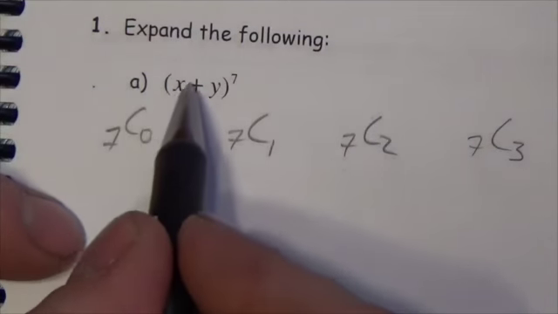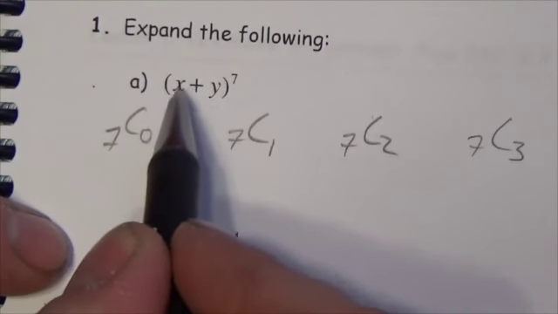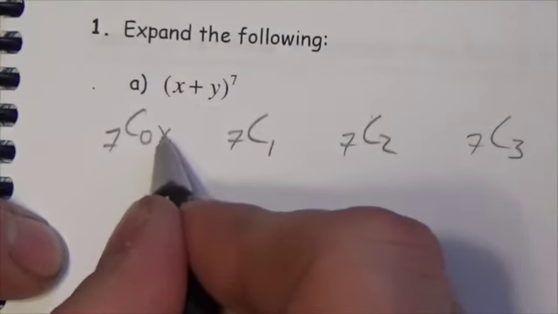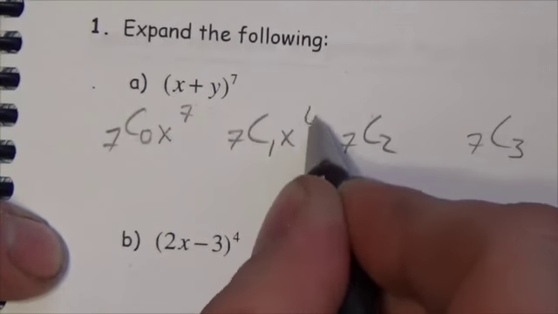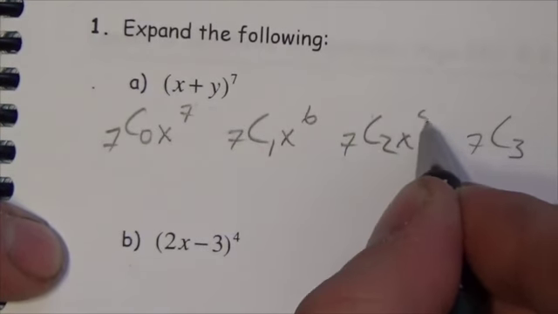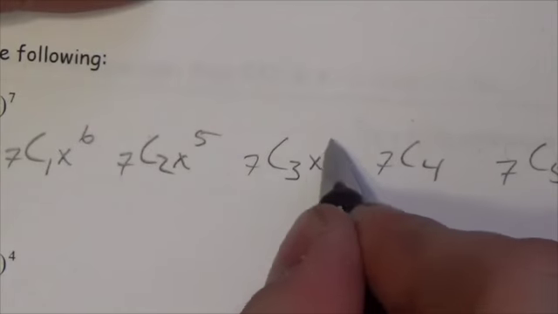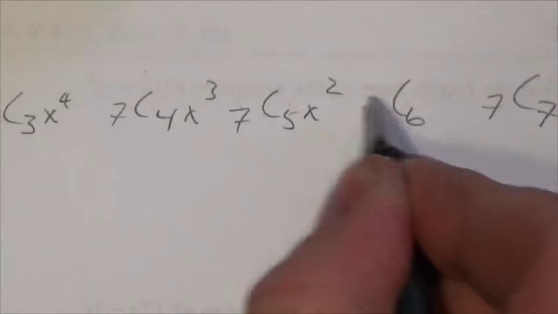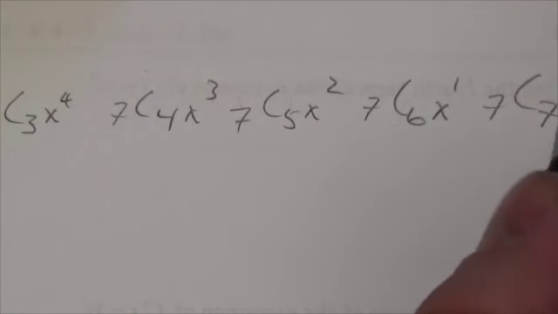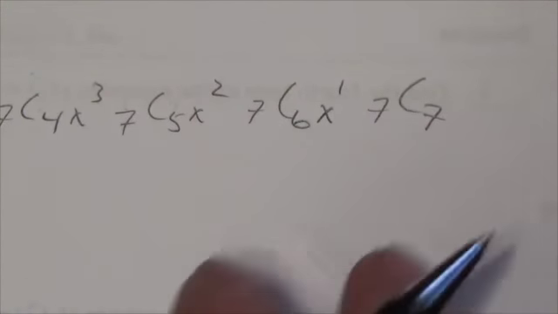Then I know that the x, the first term in this binomial expansion, is going to start with the exponent 7, and it's going to drop down. So 6, 5, 4, 3, 2, 1, and then it's going to go x to the 0. So I'm not going to write that because it'll just be 1.